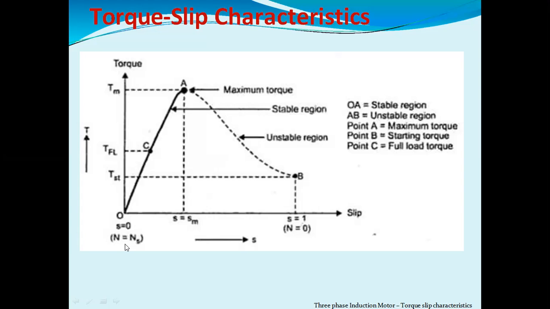So in the torque slip characteristics, at point B you will get the starting torque, which we call TST. And at point C we have the full load torque. But at point A, we will get the torque that is maximum.